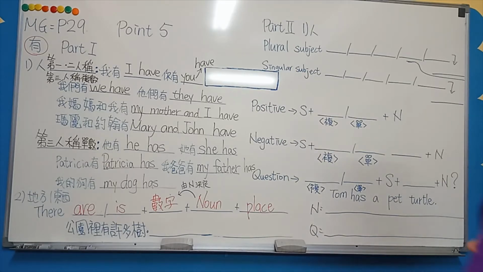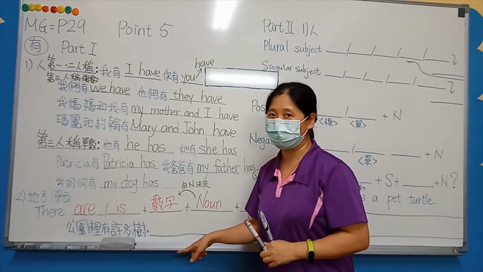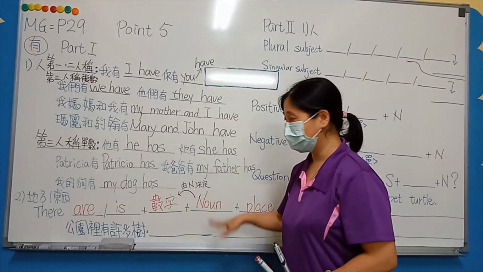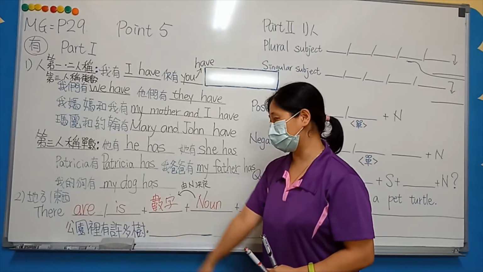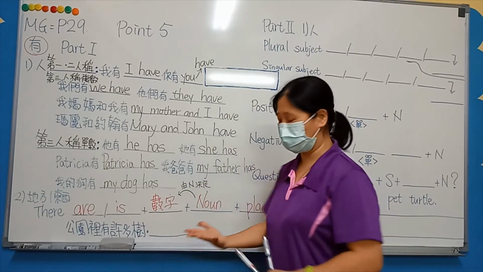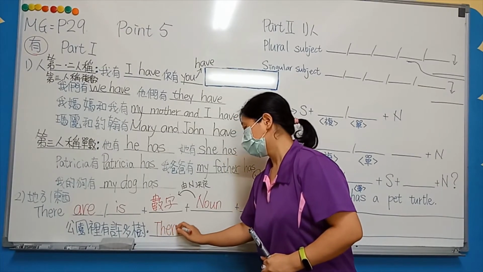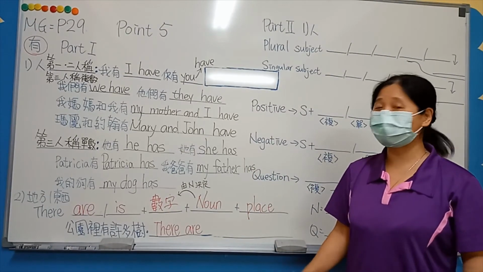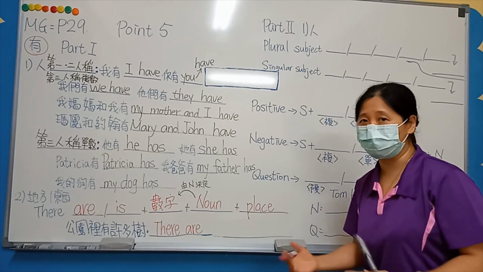Now let's look at the answer. 公园里有许多树. This one, 公园 is people or place? For sure it's place, right? So that means you need to use there is or there are. But how about singular plural? Because 许多, right? You know 许多 means more than one. So how to write? There are 许多. This one is not a number, but it's okay because you put down plural nouns.